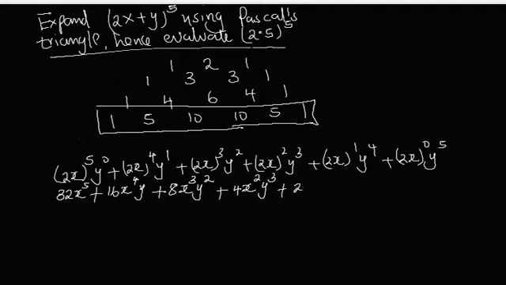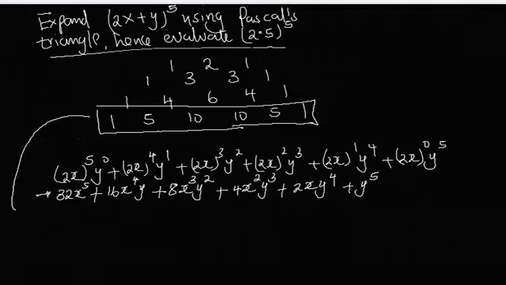So that is 2x^1, which is the same as 2x, but y is now power 4. And then the last one is 2x power 0, that is 1. Any number power 0 is 1, multiplied by y^5, so we end up getting y^5. So these are the terms without coefficients.